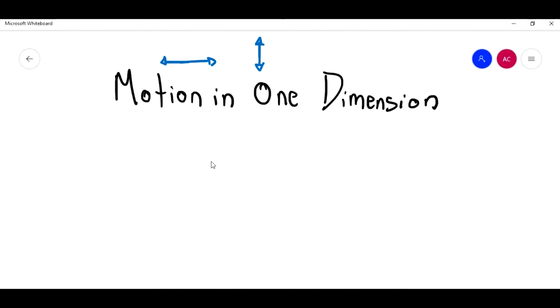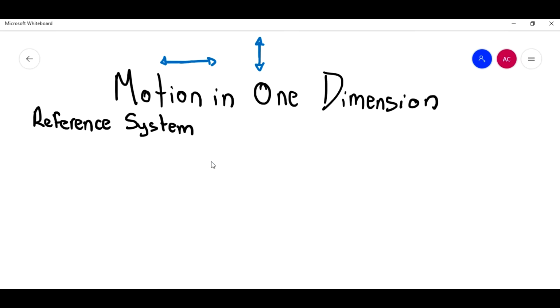Another thing that is important to say is that we are going to have a reference system. The reference system is something that is going to help us determine where the positive direction is and where the negative direction is.